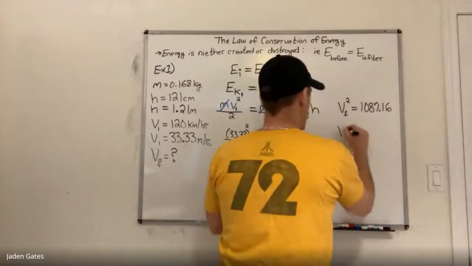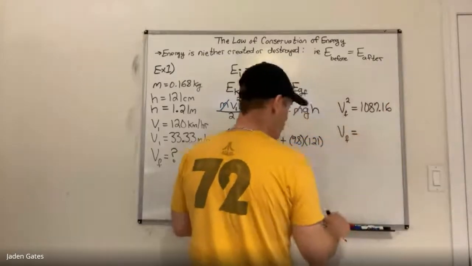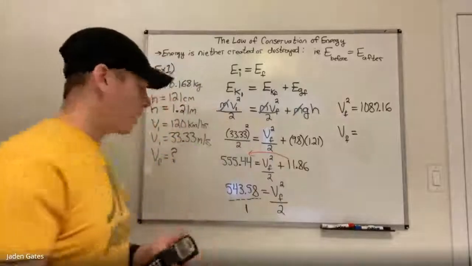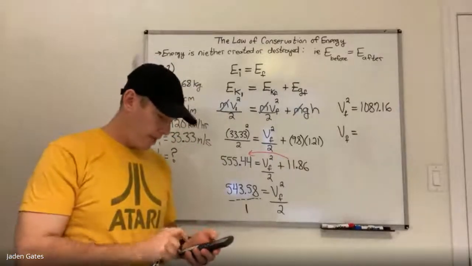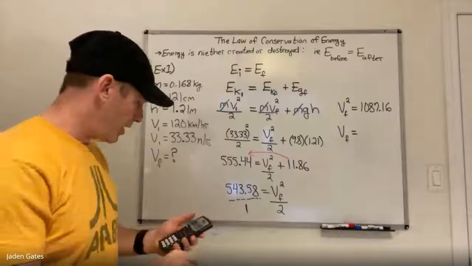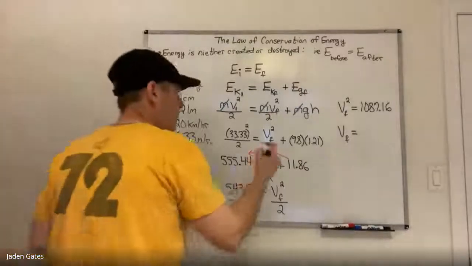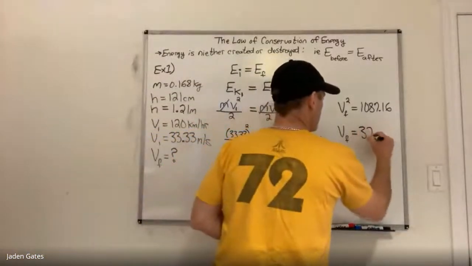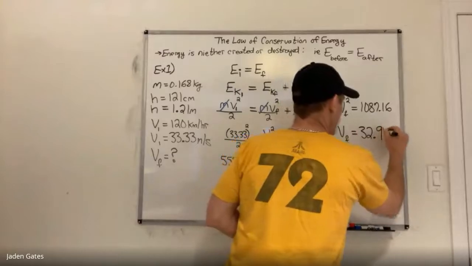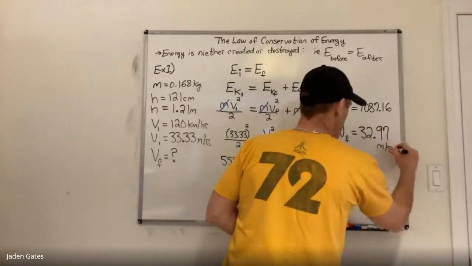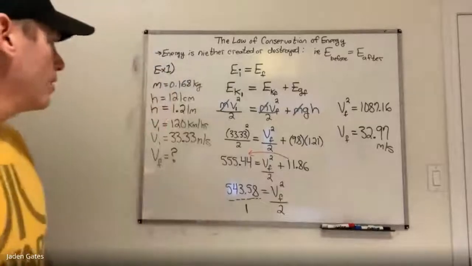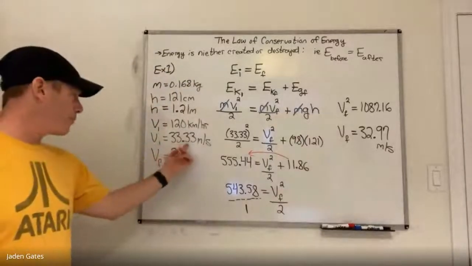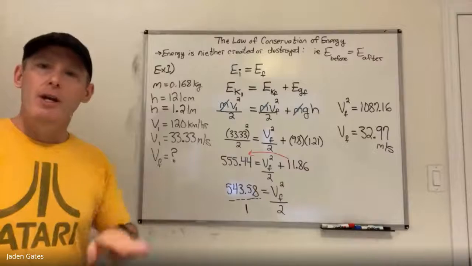And of course, to get rid of the little 2, the squared, I have to square root both sides. When I square root both sides, I get 32.97 meters per second.